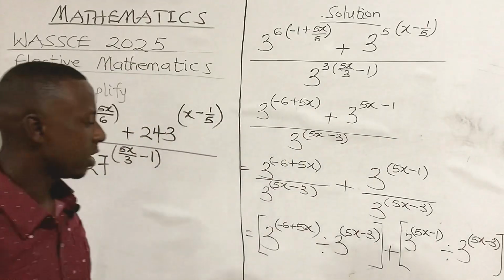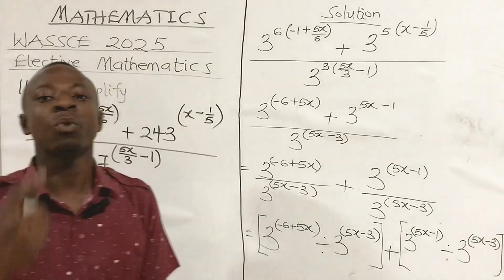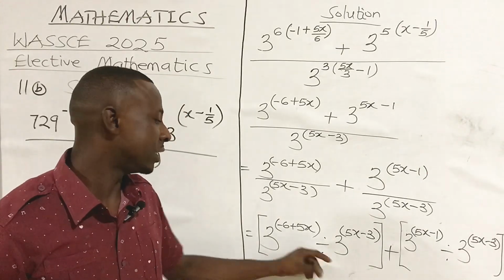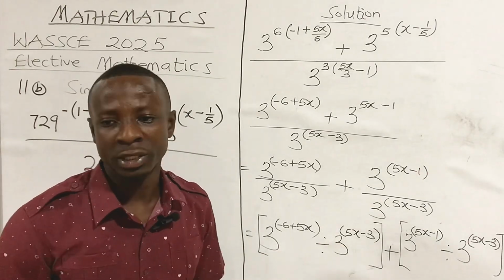Here the bases are equal, so I'll maintain one of the bases, and because of the division, it is going to be this exponent minus the other exponent.